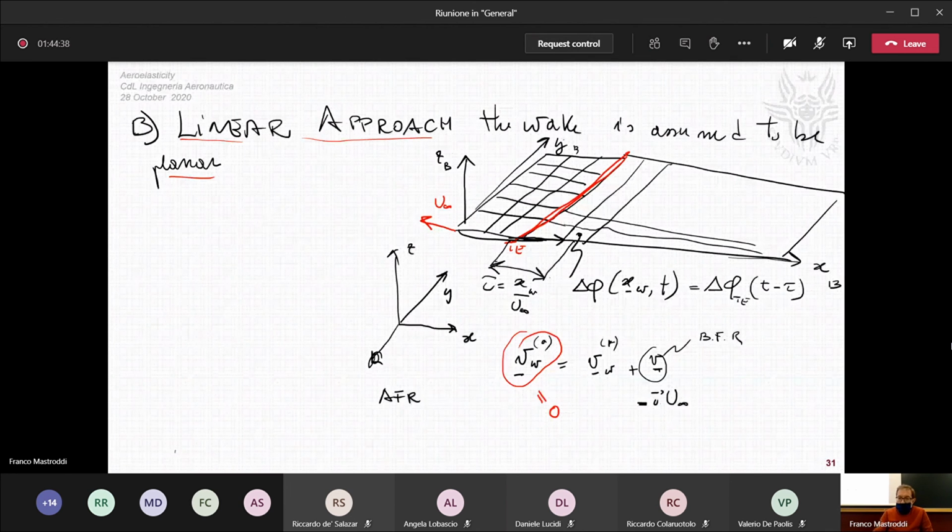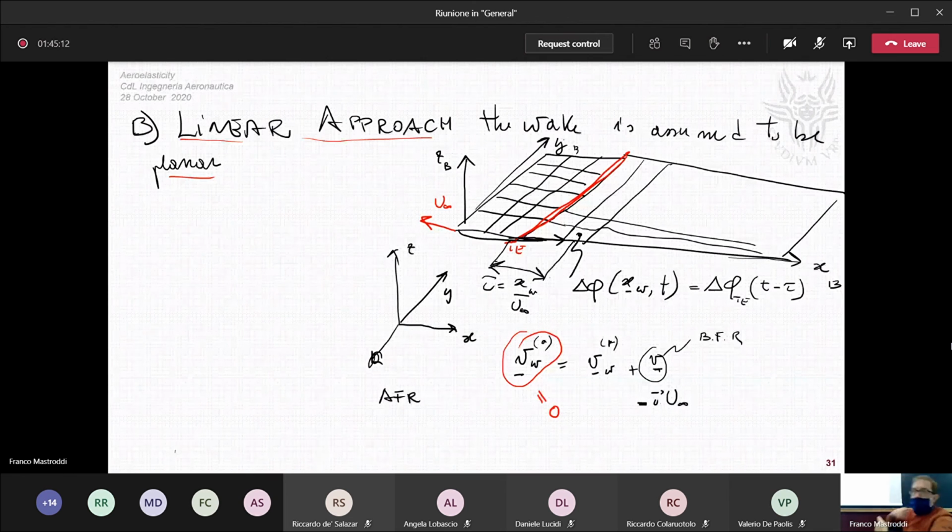And therefore, this is the reason for this tau expression. Tau, the time, is the distance of the wake panel with respect to the trailing edge divided by u infinite. Because we are assuming that the relative velocity of delta phi, if I'm sitting on the trailing edge and see what happens to delta phi, I see the delta phi moving in the wake with velocity u infinite.